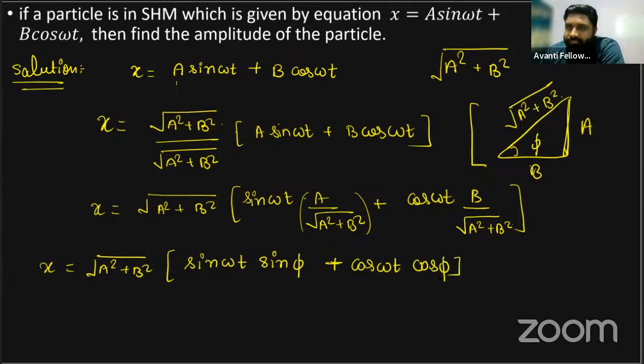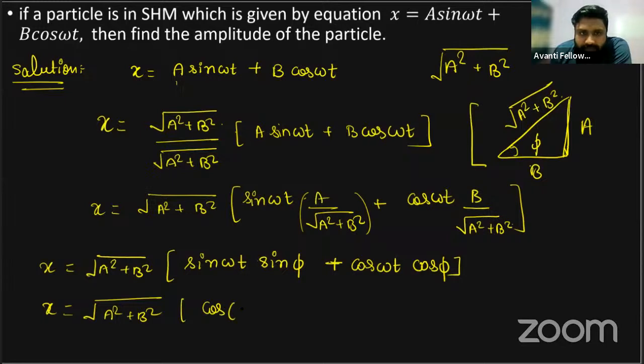So this is the formula again: sine A sine B plus cos A cos B, or you can say cos A cos B plus sine A sine B. This is the formula of cos A minus B. So x equals square root of a square plus b square into cos of omega t minus phi.